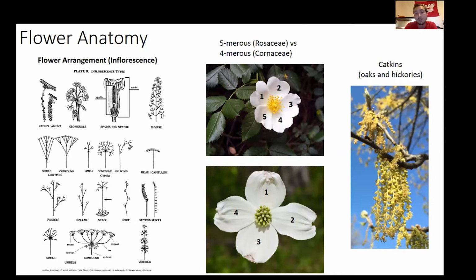But the difference between a spike and a raceme is that our flowers are branched, so they include a pedicel. A pedicel is the flower stem. It's like a petiole, but for a flower. Petioles are leaf stems. So racemes are flowers branching off of a pedicel.